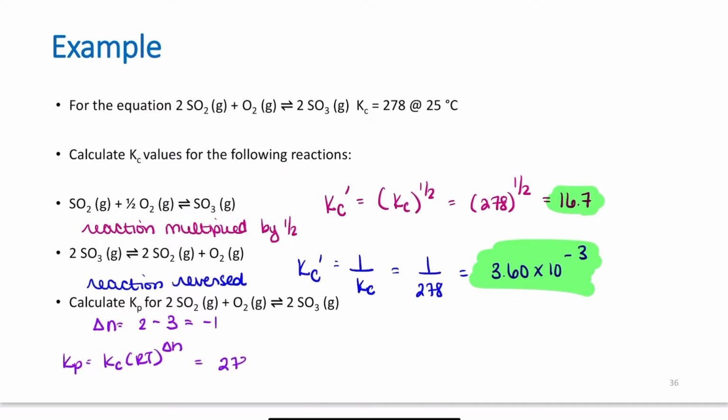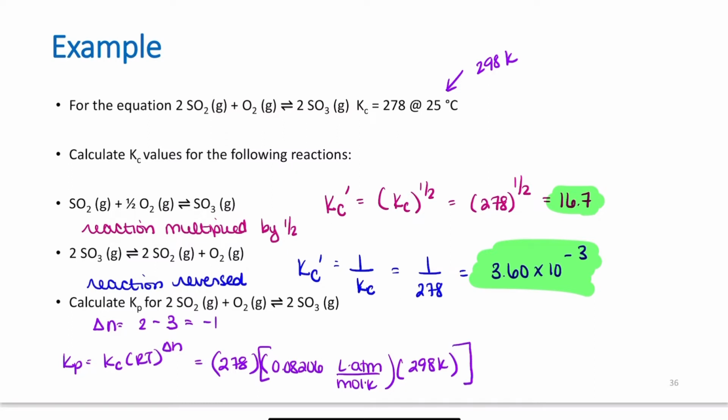This equals 278 times the product of 0.08206 liter atmosphere per mole K times my temperature. This is in Kelvin, so 25 degrees C, 298 K. And this RT quantity is raised to the -1, not the 278, just the R and T. Gives me an overall value of 11.4.